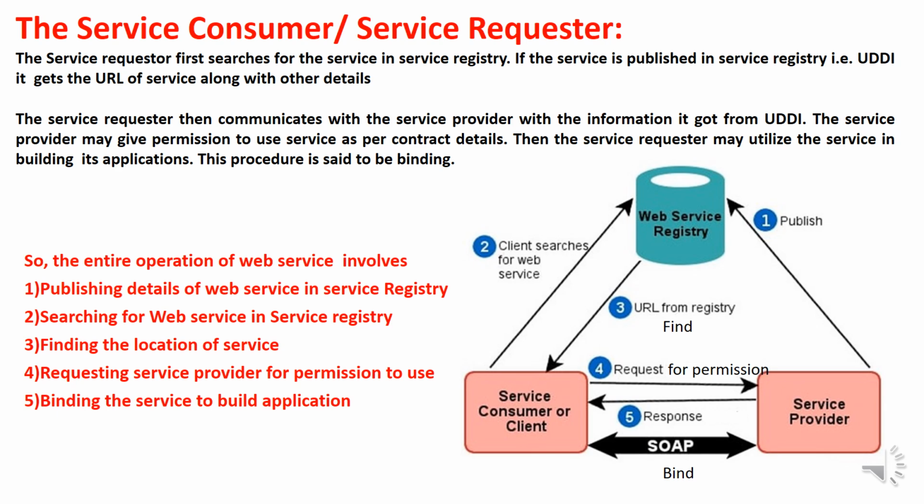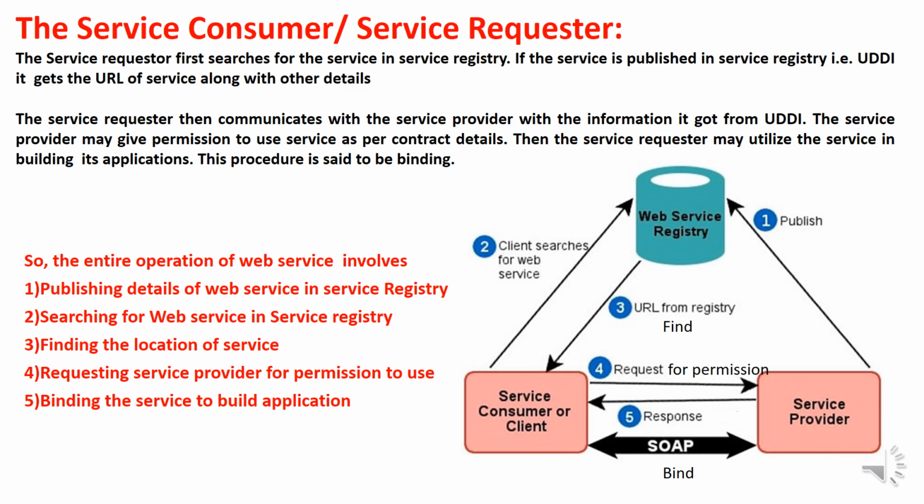See the diagram. The sequence of operations is shown with serial number. The first operation is service provider creates service and publishes the details of service in service registry. The second operation is service requester searches for service in service registry. Third operation is service requester gets details of service from service registry.